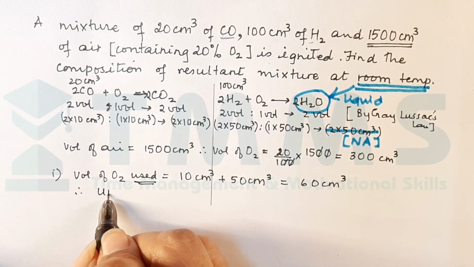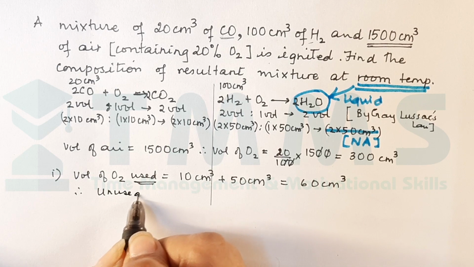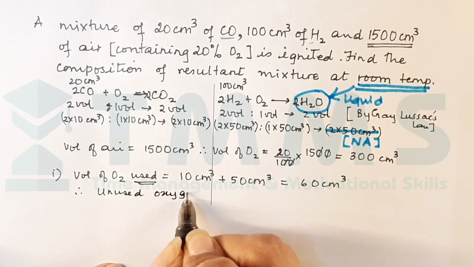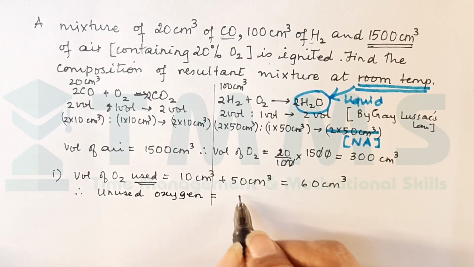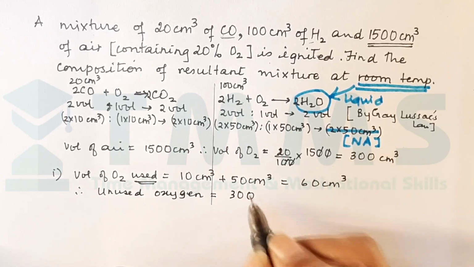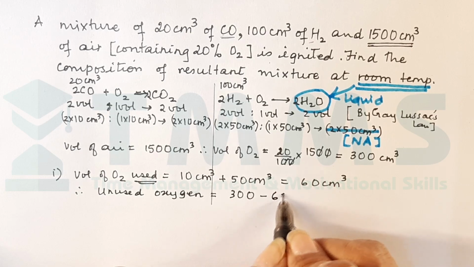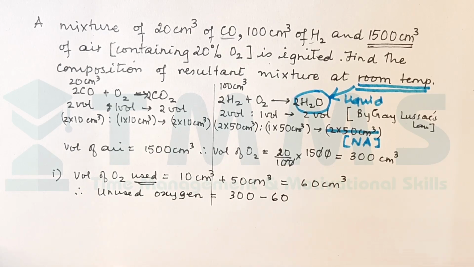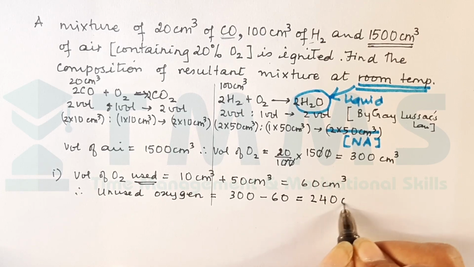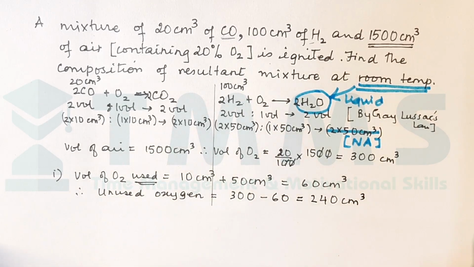Therefore, unused oxygen is going to be equal to, from the total 300, we will remove 60. That will give us 240 centimeter cube of oxygen.